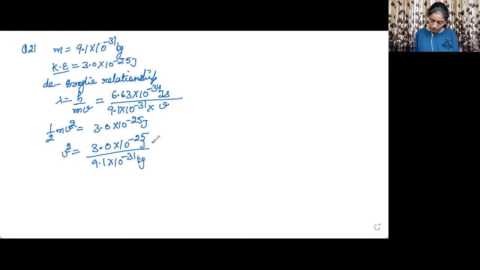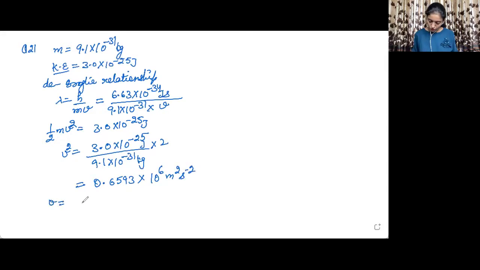This is joule into 2. It will be equal to 6 divided by 9.1, which is 0.6593 multiplied by 10 raised to the power, so when we take minus 31 from the denominator to the numerator, it becomes plus 31. So 31 minus 25 is 6. So 10^6 meter square per second square.